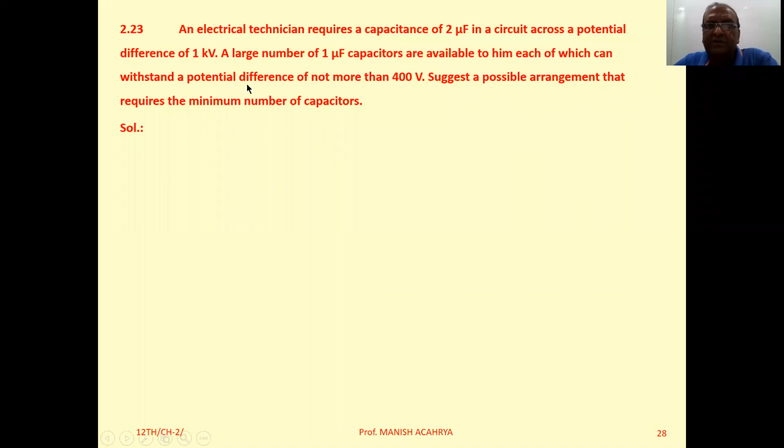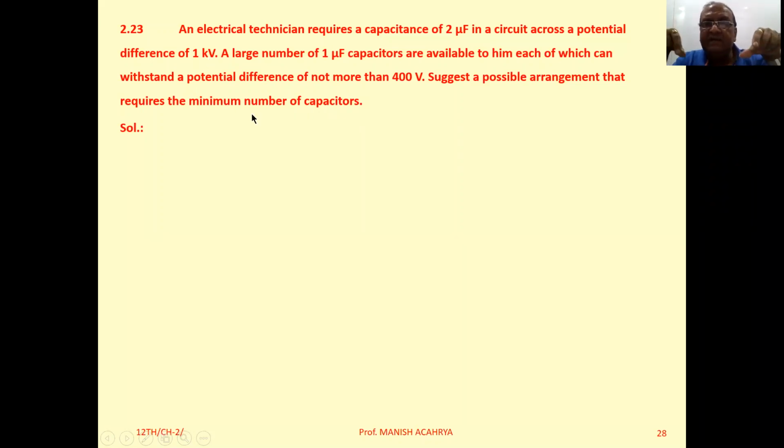Understand the question. The electrician has a large number of capacitors, each with value 1 microfarad. Now he requires a capacitance in a circuit of 2 microfarad, and that circuit has a potential difference of 1 kilovolt.